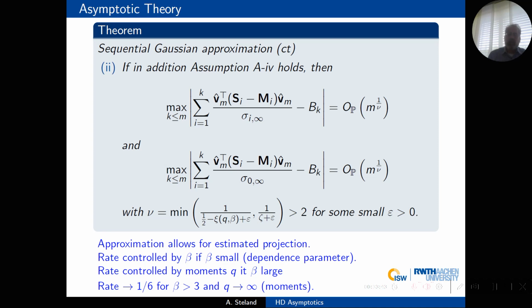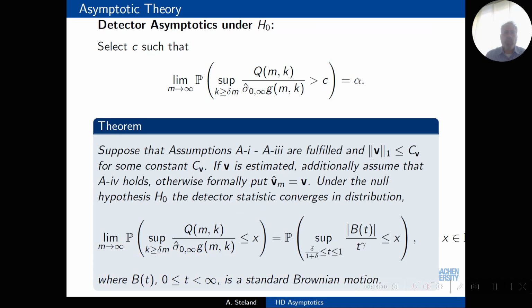However, we do not achieve this optimal rate of approximation here, but our model is much more general. So we assume a non-stationary time series model, so we have much weaker conditions, and there it is not possible to get the optimal rate of approximation, at least not under these very weak assumptions.